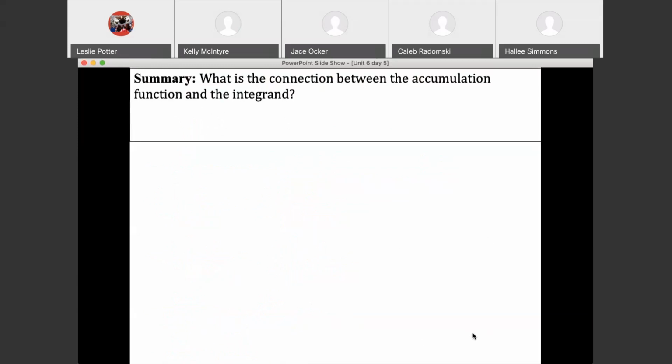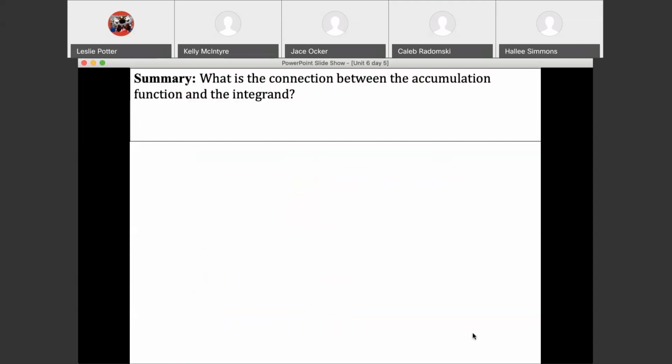Okay, so what is the connection between accumulation function and the integrand? What is the integrand? What is the 2t, that little piece in between the integration symbol and the dt? It's the rate of change, or what's another word for rate of change?